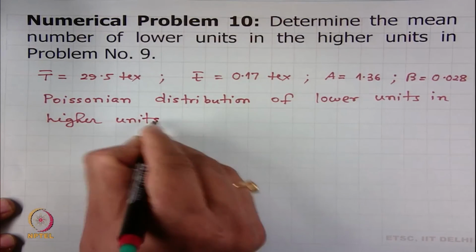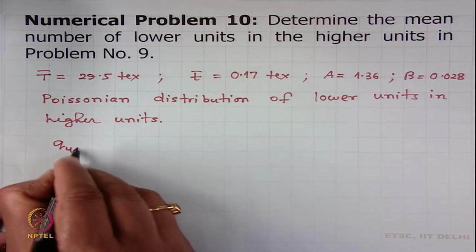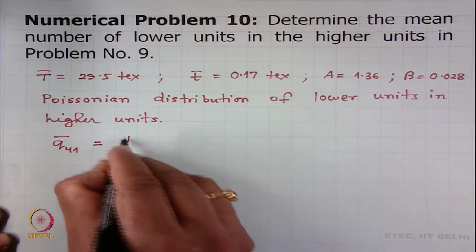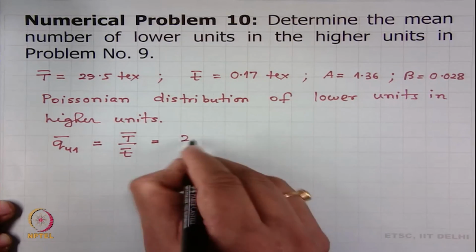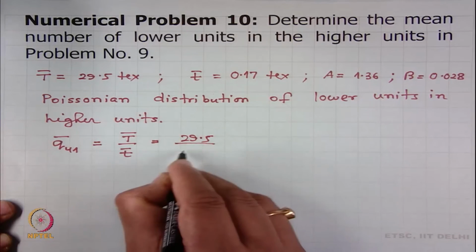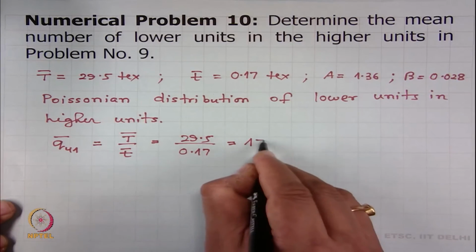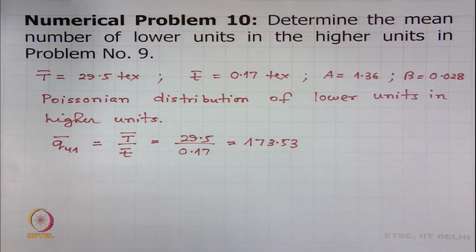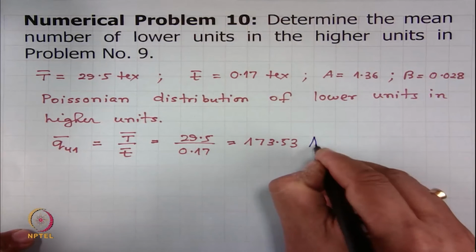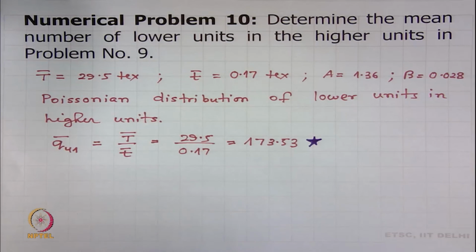So, first we find out this value from the given data. This is basically 173.53. So, this is our one value. Right.